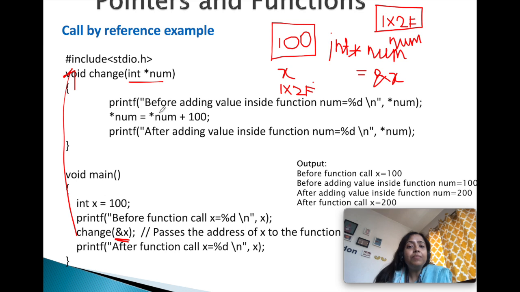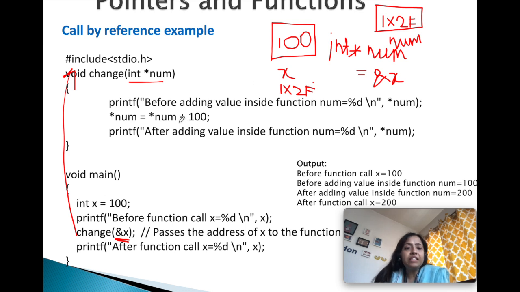We wrote, before adding value inside the function, printing *num. What is the meaning of *num? We know that if we add star to any pointer variable, it acts as dereferencing that variable. So whenever we write *num, it is actually the value of x, because num is storing the address of x. So as soon as we write *num, it will print 100 here.